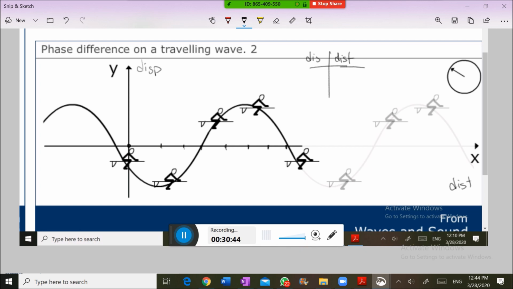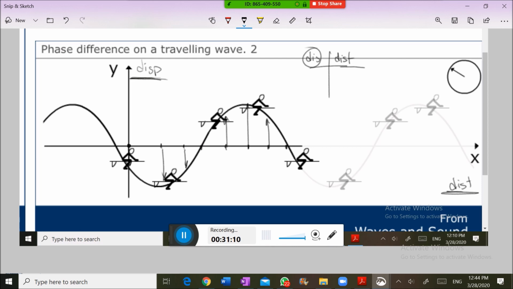I recorded the displacement of this particle and the displacement of this one and so on, in this way. Displacement of each particle at a certain distance. Then I graph displacement versus distance. I will get a waveform like this.